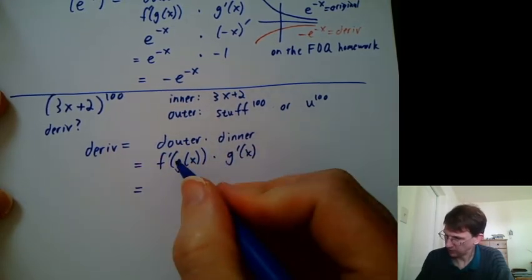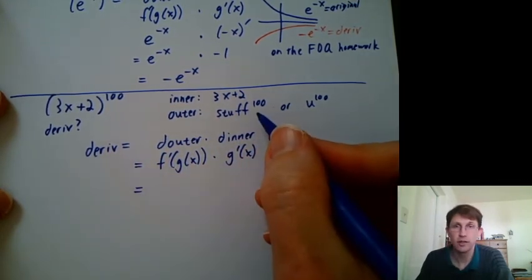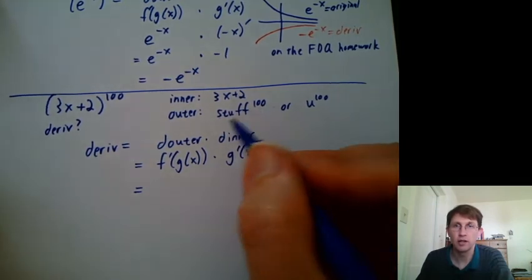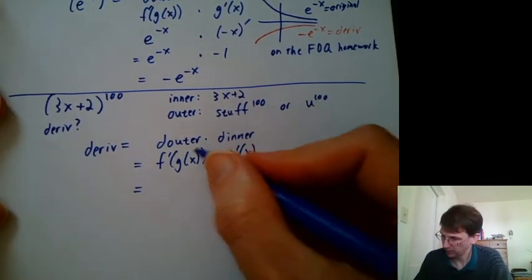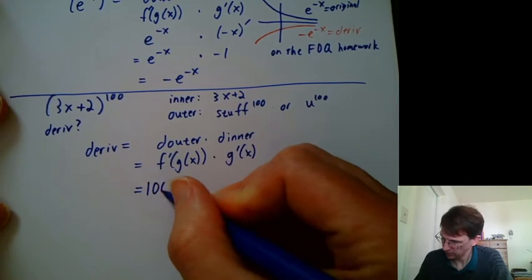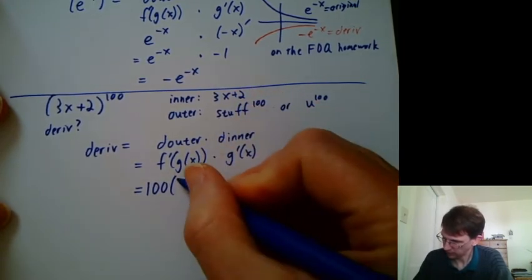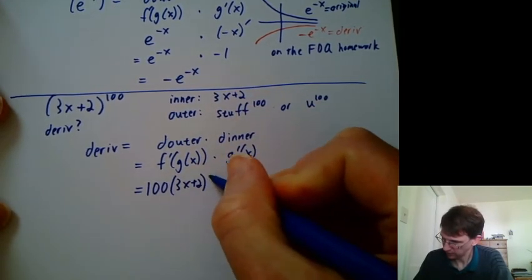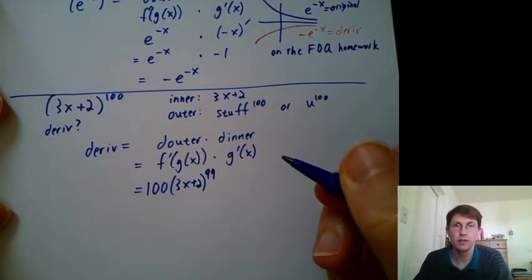So what's the derivative of stuff to the 100? Should be 100 stuff to the 99, right? So 100, and what is the stuff? 3x plus 2 to the 99.